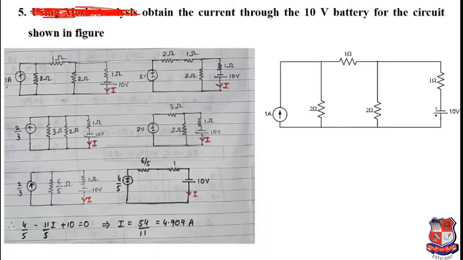So 1 ampere is connected in parallel with this 2 ohm. Whenever a current source is in parallel, it can be replaced with a voltage source in series, but that voltage value will be current times resistance. So it will be 1 ampere into 2 ohms, so it will be 2 volts, and this resistance which is in parallel will come in series. That will be the only change.